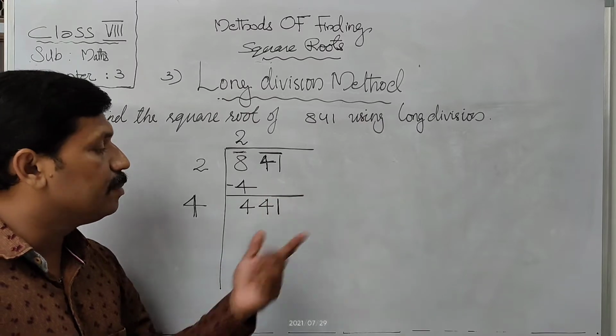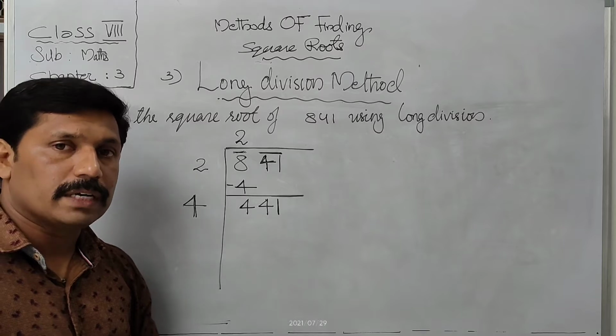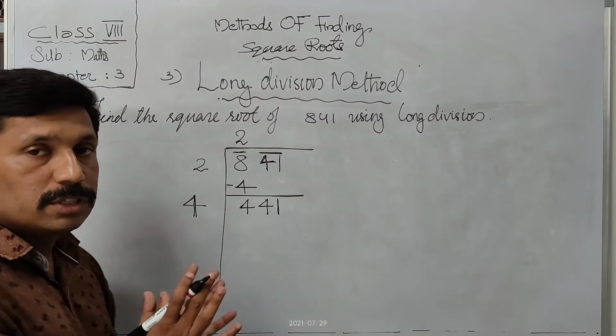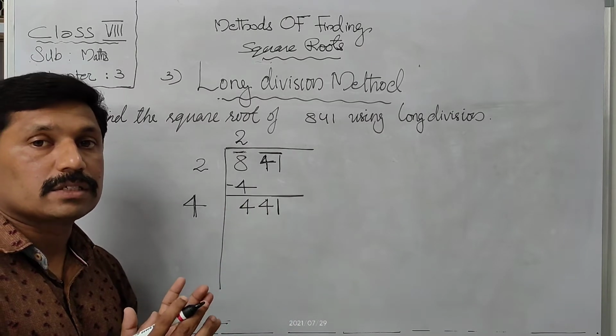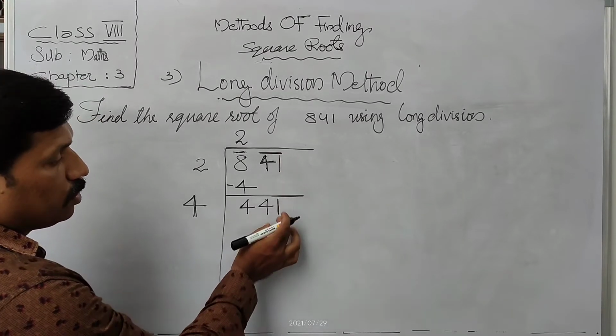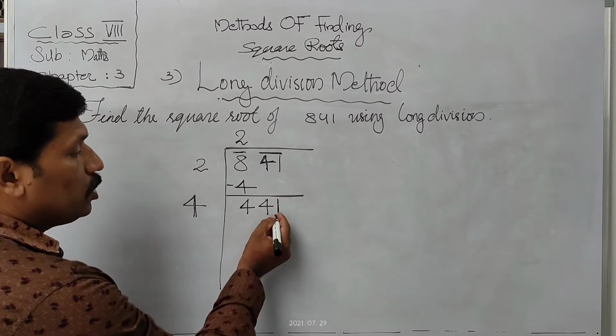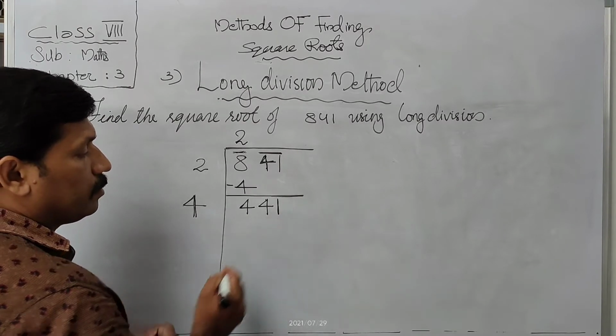As it is the last step, it will be equal to this 441. Which number is that? Here you can use the property of the unit digit of the square number and the unit digit of the root number. As it is the last group and last digit, we can use that property. Last is 1.